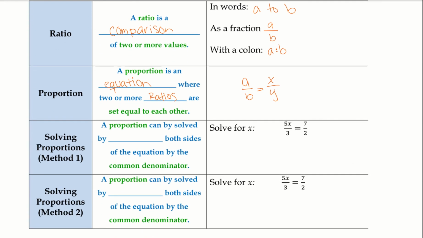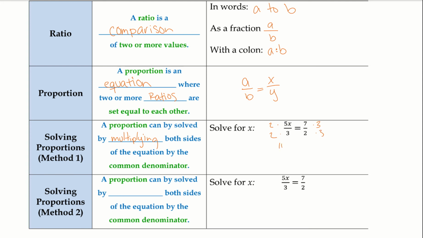So solving proportions. A proportion can be solved by multiplying both sides of the equation by the common denominator. So if we see a common denominator here, like I can imagine 6, where both of these have 6 in common, I can multiply my numerator and denominator by 2 and this side by 3.